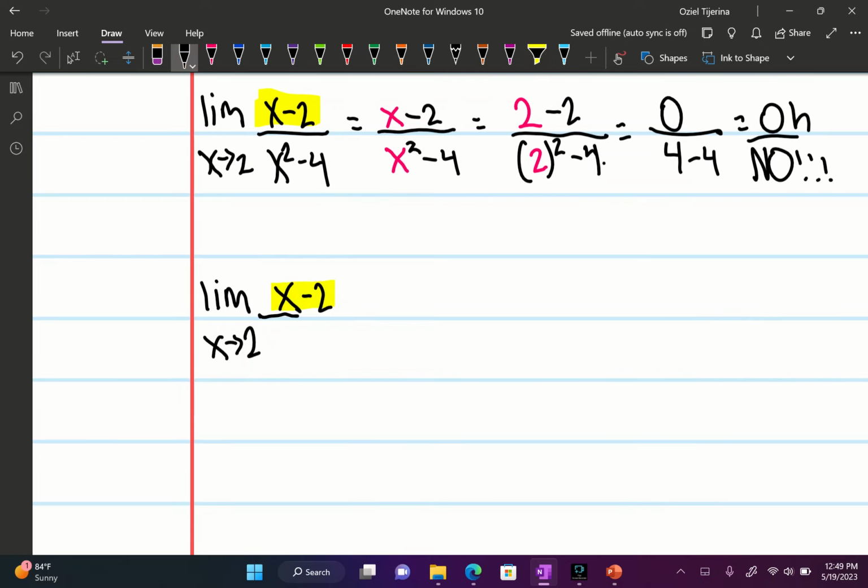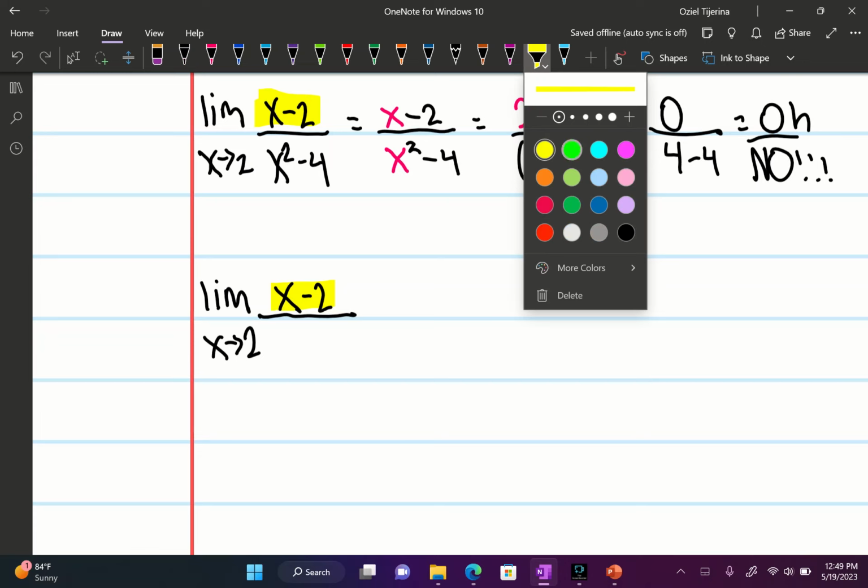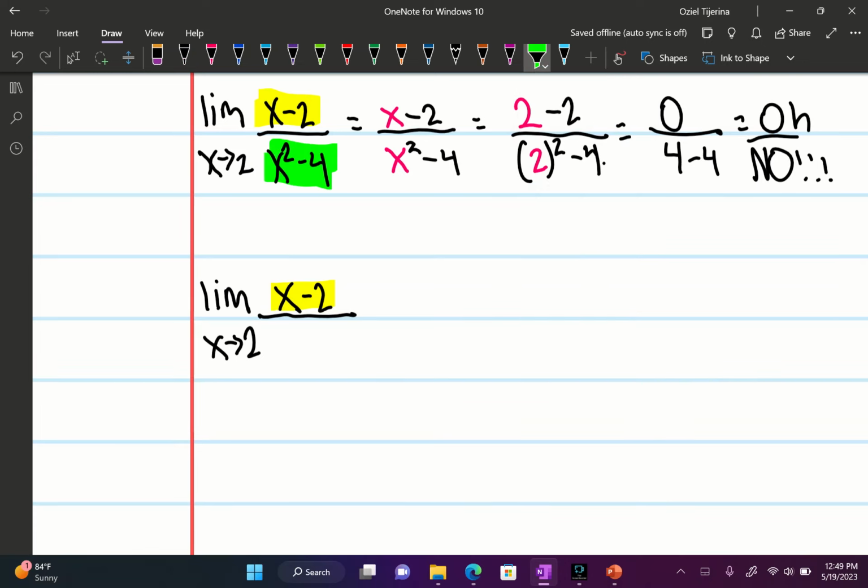But what about x squared minus 4, right? We can use what is called the sum and difference pattern. Let me go ahead and write that down in case anybody forgot what that was.